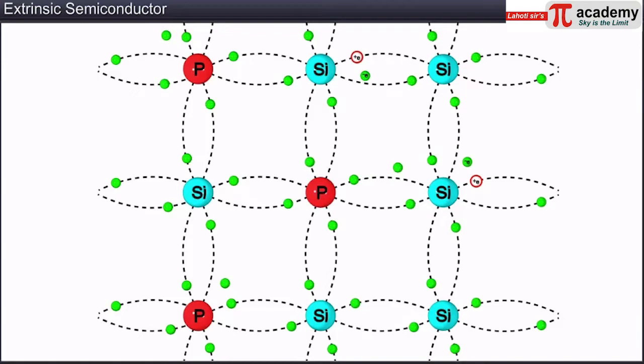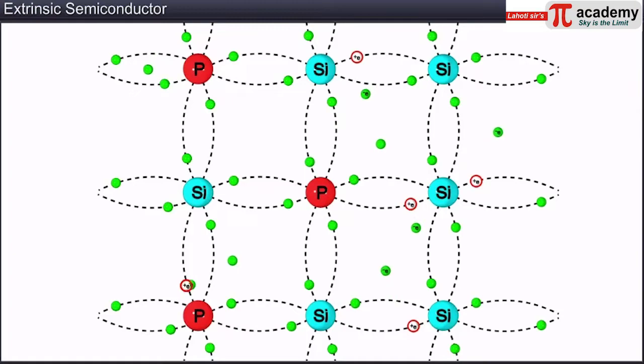Hence, in a semiconductor doped with pentavalent dopants, the total number of conduction electrons, Ne, is due to the free electrons contributed by the donor atoms, which are pentavalent dopants, and those generated intrinsically. But the total number of holes, Nh, is only due to the holes from the intrinsic source.